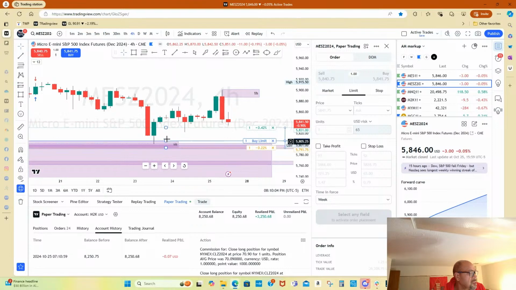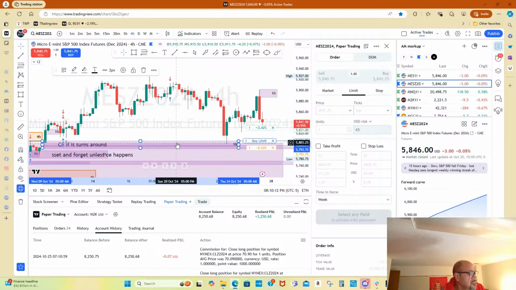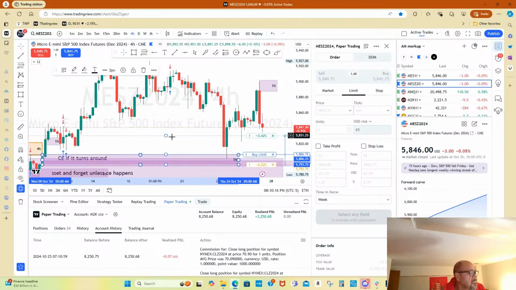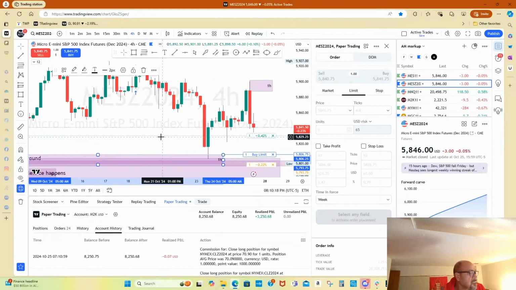What is this one here? Wait, is that a trade that I'm in already? No. Why am I not in the trade?